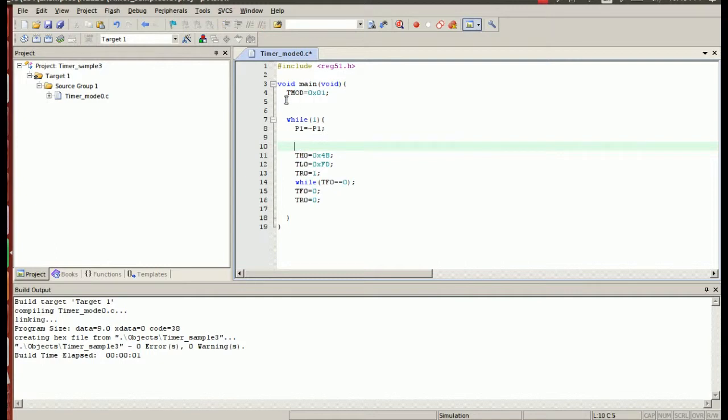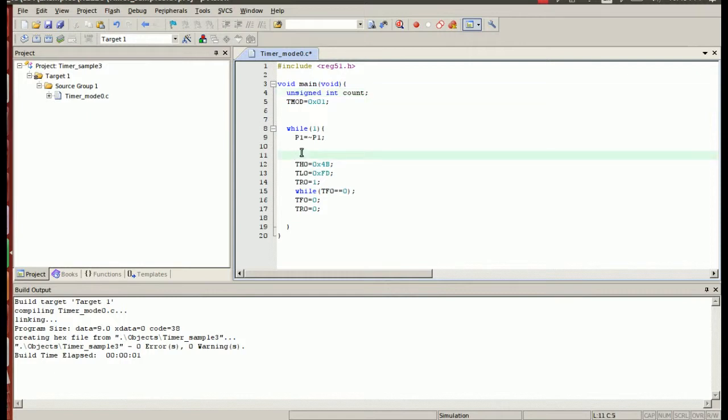Now I'm going to define an unsigned integer, count, and I'm going to iterate the count 100 times: for count equal to 0, count less than 100, count plus plus, open the curly bracket and close the curly bracket here. Let us see what this program does now.